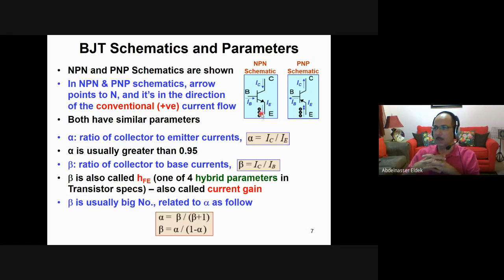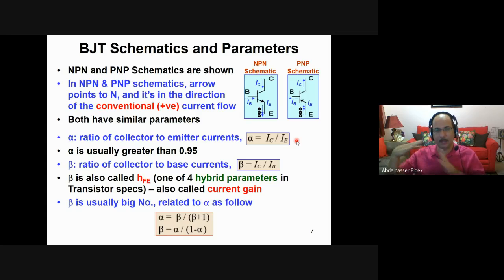Now, what is the relation between the currents? Usually IC and IE are almost the same. IE is bigger, of course, and the ratio is alpha: alpha equals IC divided by IE. Alpha cannot be more than 1, because IE is the current that will be divided.